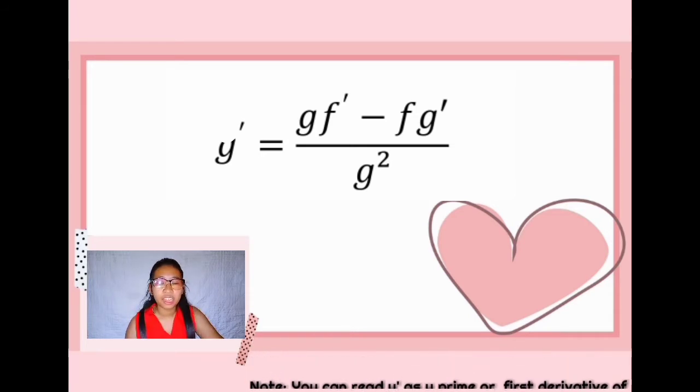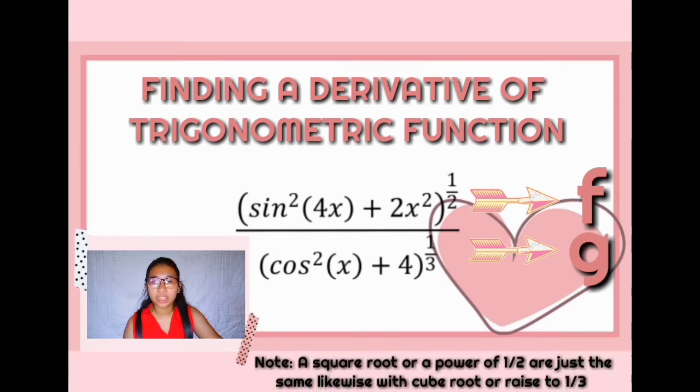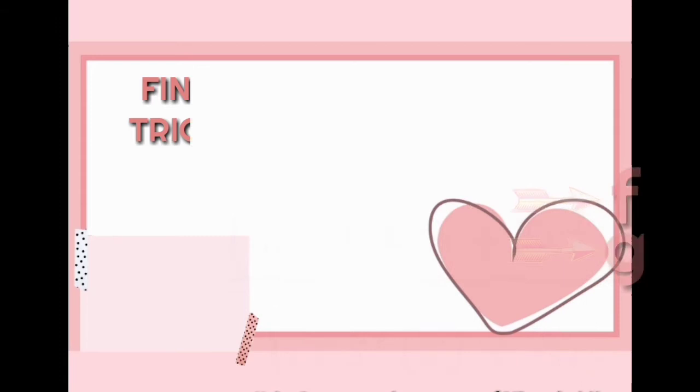From that formula, you just need to substitute your given. So, your f will be the square root of sine squared 4x plus 2x squared, and g is the cube root of cosine squared x plus 4.